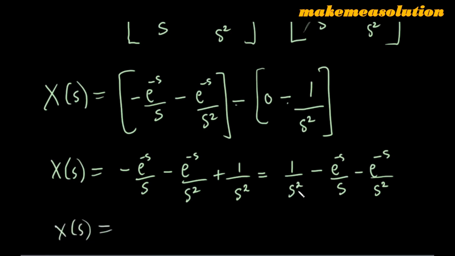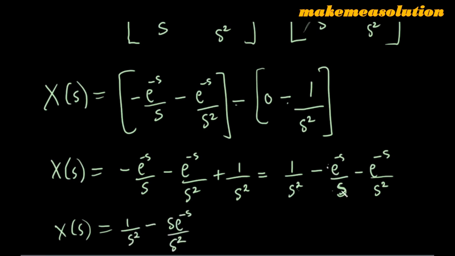My common denominator is s square, but the problem is that this term does not have an s square. How about I multiply the numerator and the denominator of this term by s? I'll write it as 1 all over s square minus s exponential minus s all over s square.